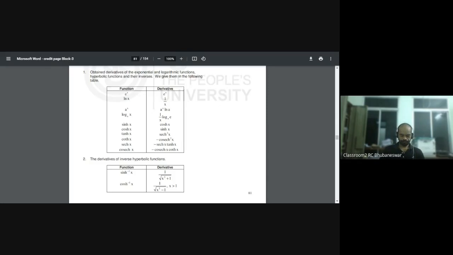Again, we adopt the same process of calculation to find the derivative of the exponential function e to the power x, and surprisingly, we found that the result of the derivative of the exponential function is exactly the same as e to the power x.